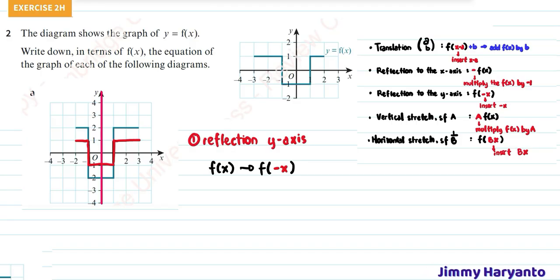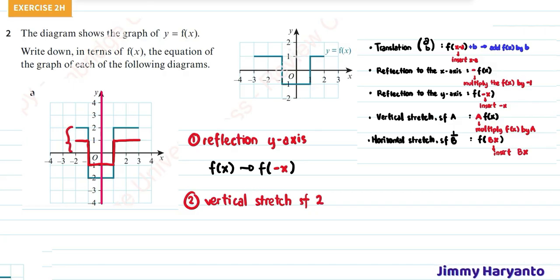But as you can see, it's still not the same with the question. That means we have to do something else. Yeah. For the second one, because this one is longer than this one, I think it will be stretch. Sorry, vertical stretch. Scale factor: the height is 1 before and then suddenly becomes 2.